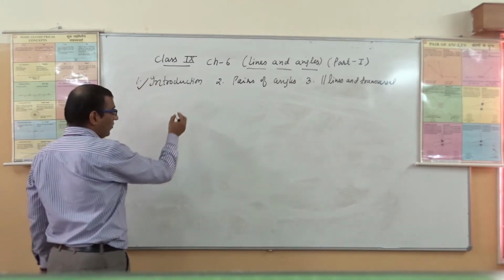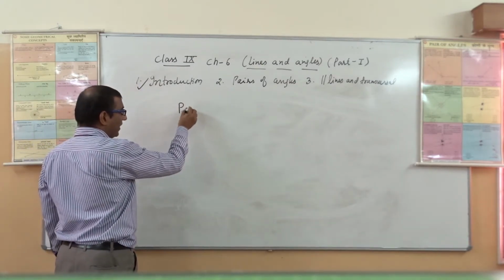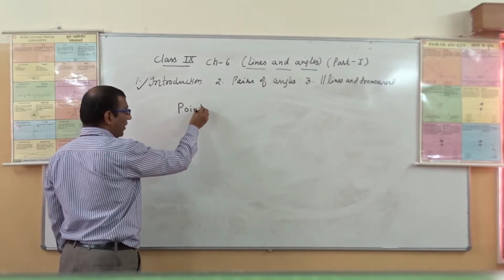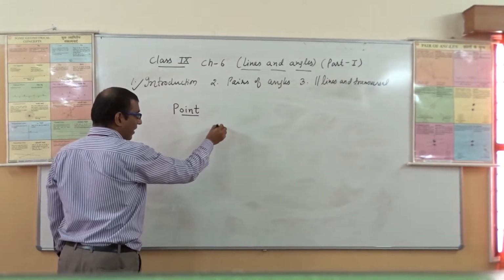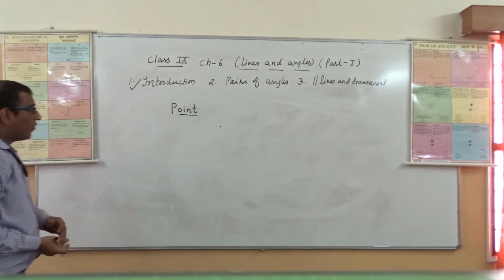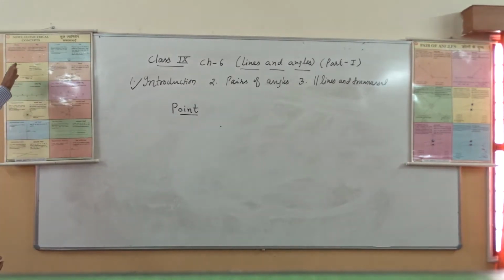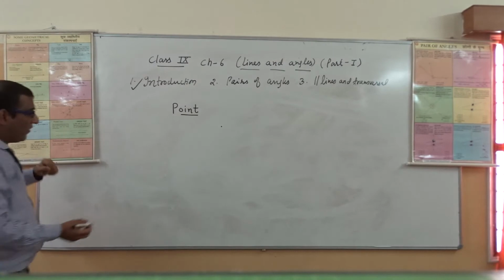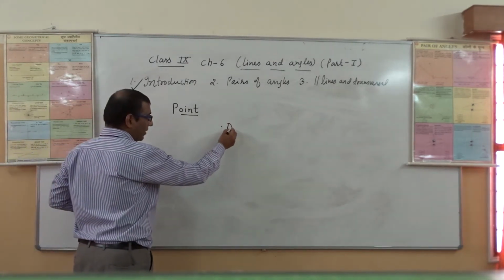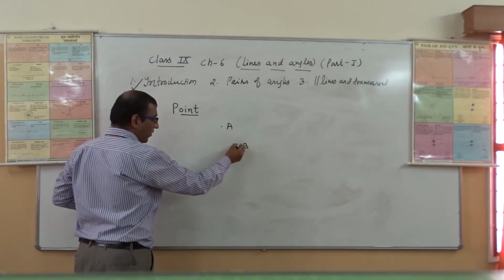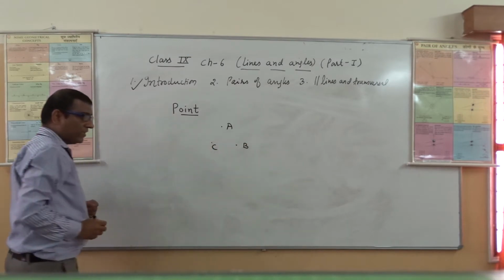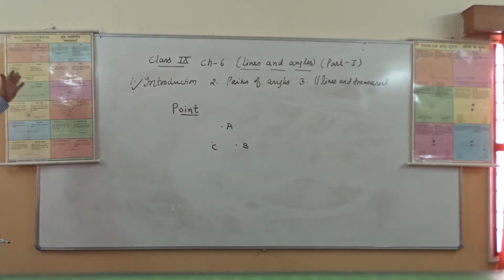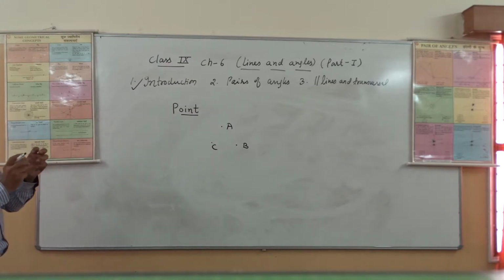As you know, the first thing in lines and angles is the point, and generally we denote a point by this. What is the meaning of point? For example, if I am saying this is my point A, this is my point B, and this is point C. It is written here: a dot having no length, width or depth, only a fixed position is a point.